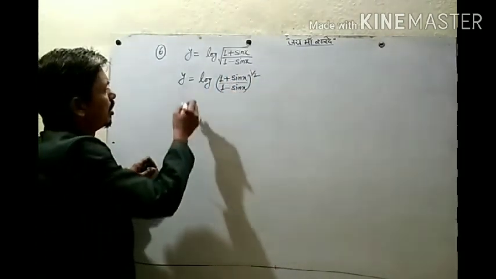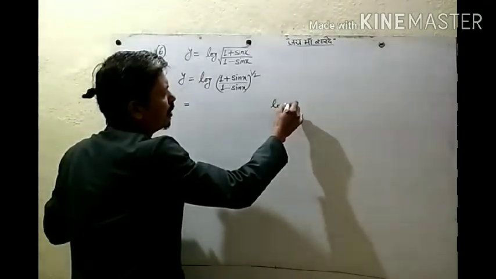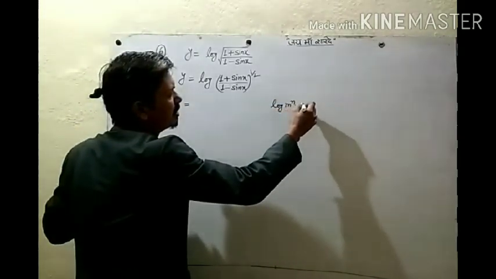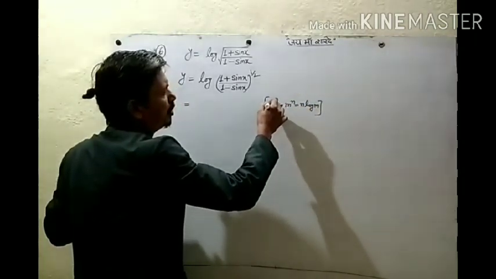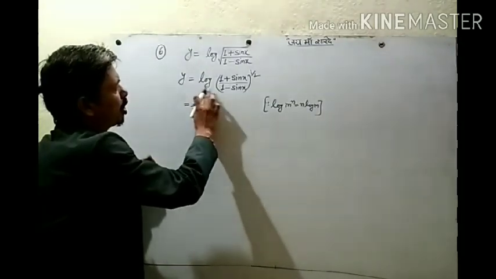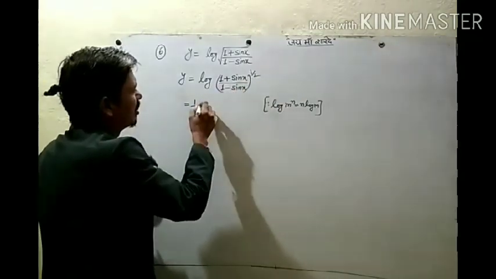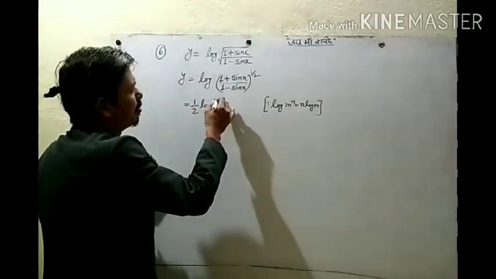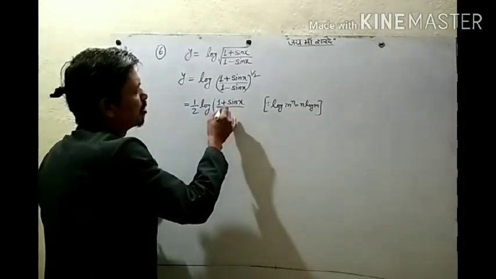And we have the property log of m to the power n is n log m. So by this property we can write half, log of m to the power n. This is your m, and it is n. So n log of m means 1 plus sin x upon 1 minus sin x.